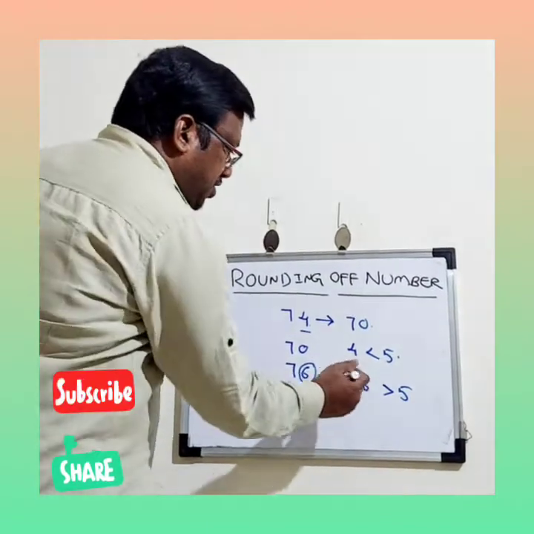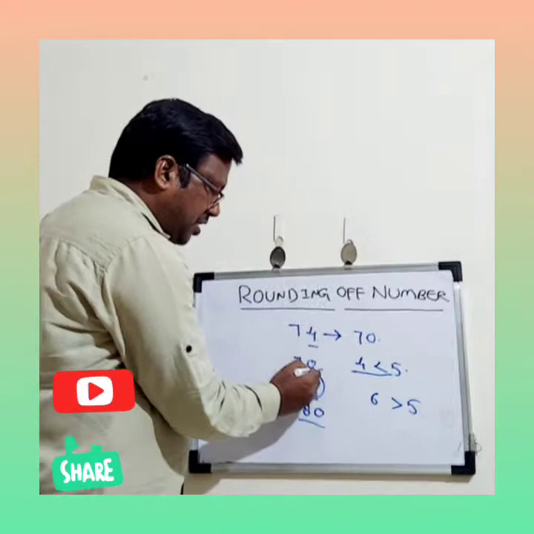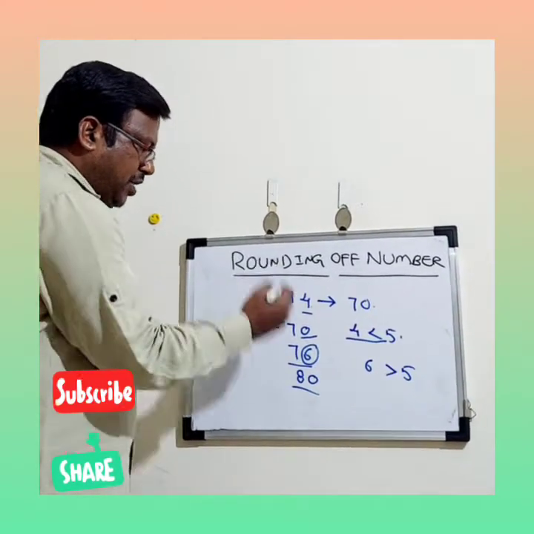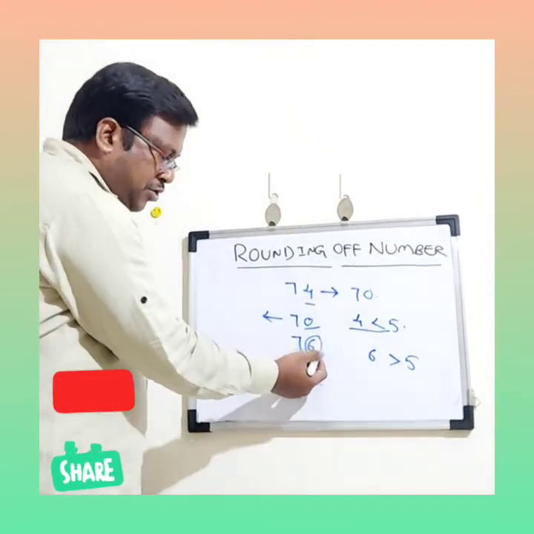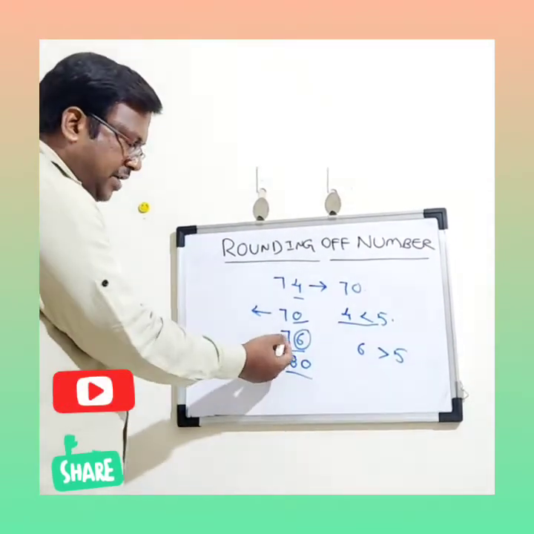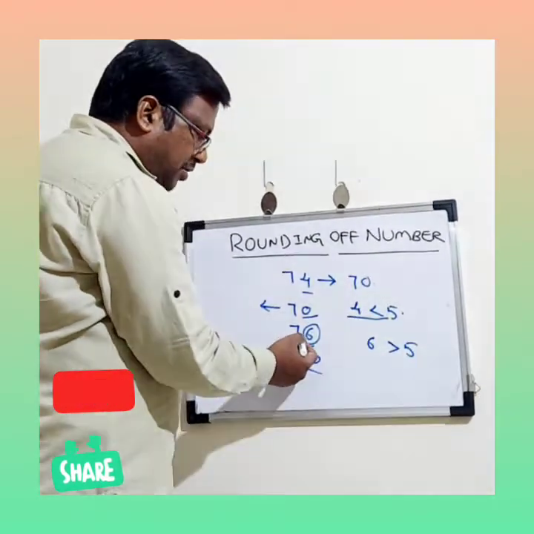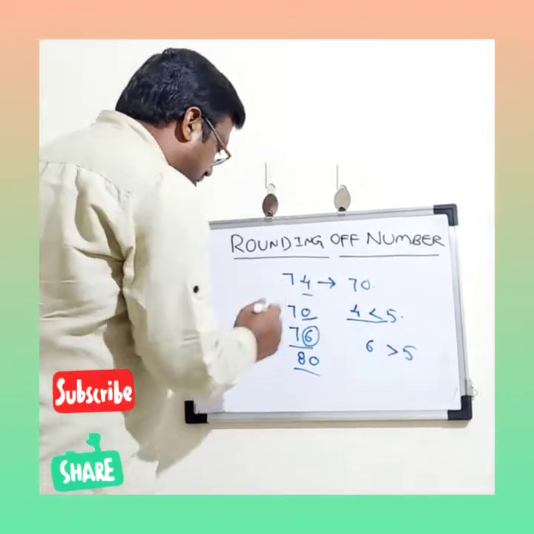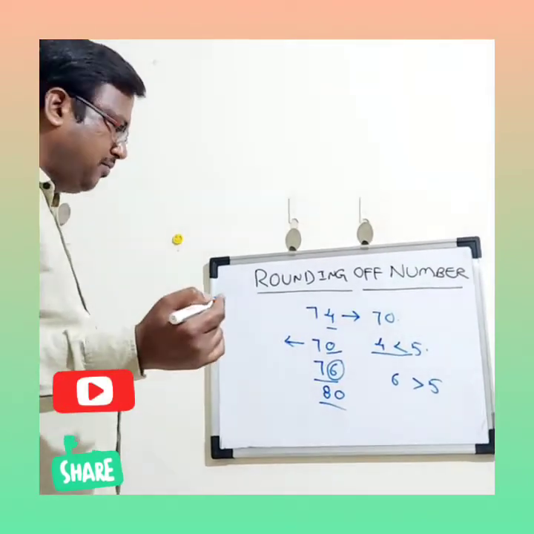This is another condition. When the digit is less than 5, you just replace the unit digit position with 0. So that is the nearest tens value. When the digit is greater than 5, replace the unit digit position with 0 and add 1 to the tens digit position. But there is another condition, when the unit digit position is equal to 5.